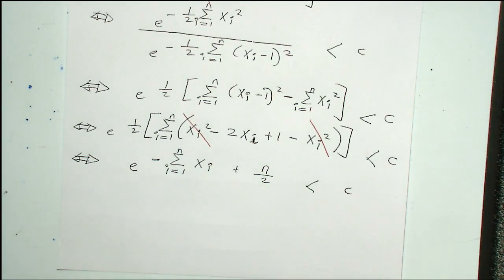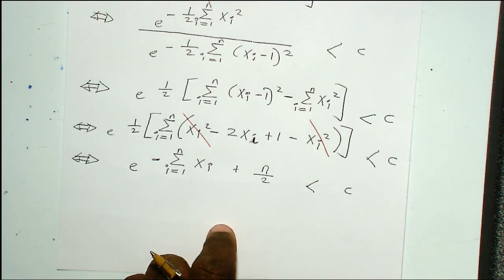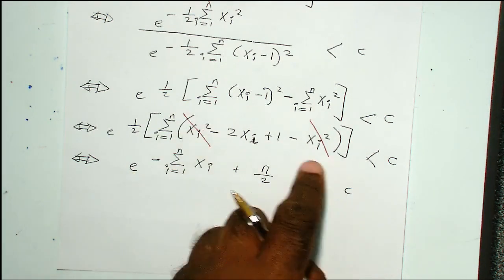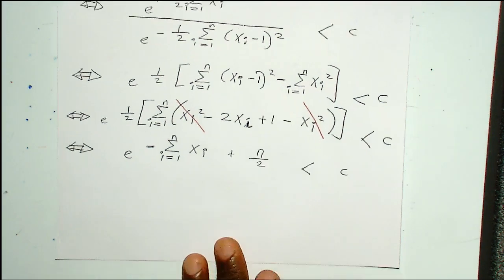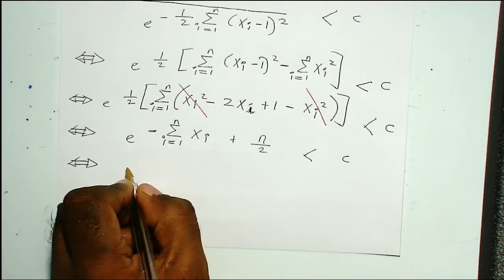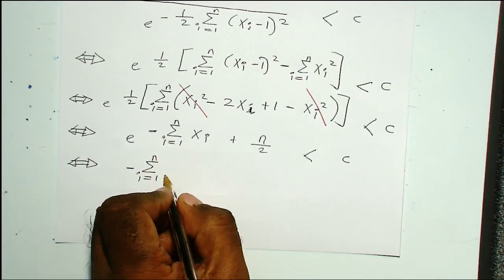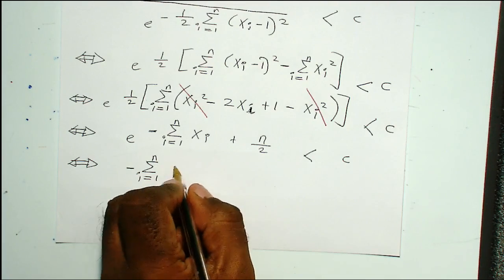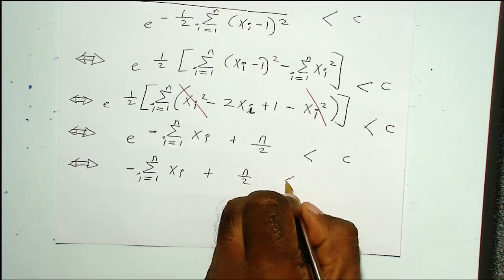You see how I got it from this to this, because these two guys cancel. If you take the sum inside, this is what you get. Now, the next step is to take the logs on both sides. So you take the log, you get the sum of xi, plus n by 2, less than log of c.